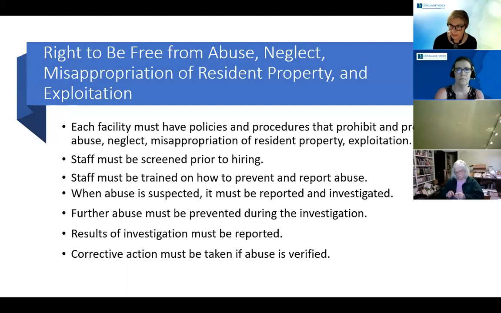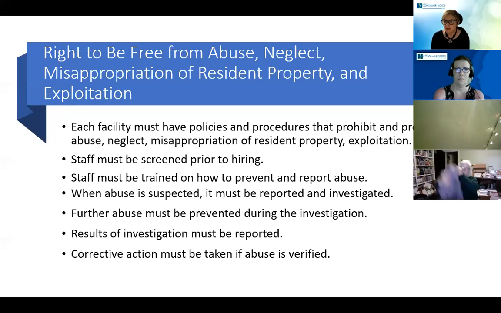And that training piece has to be part of a training program for new and existing staff. And in addition, nurse aides, as part of their in-service training that they're required to have every year, have to be trained on resident abuse prevention. So a high expectation about training there.